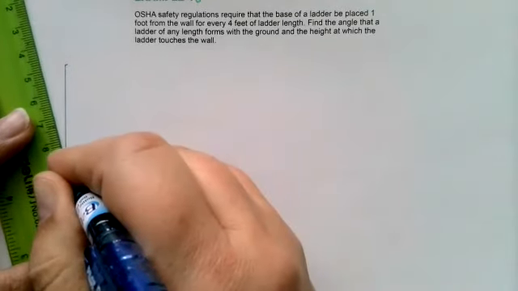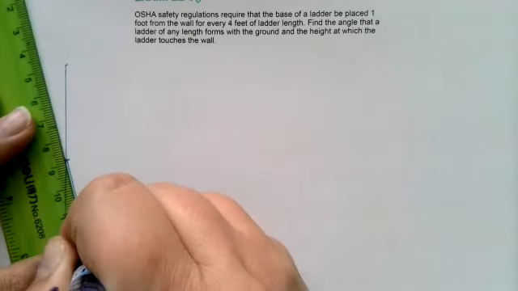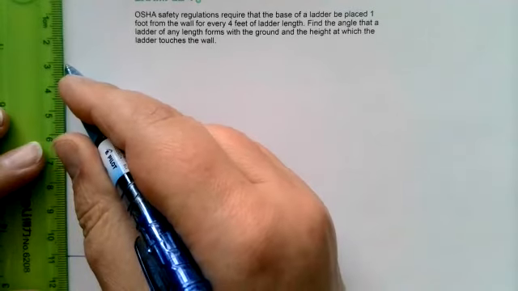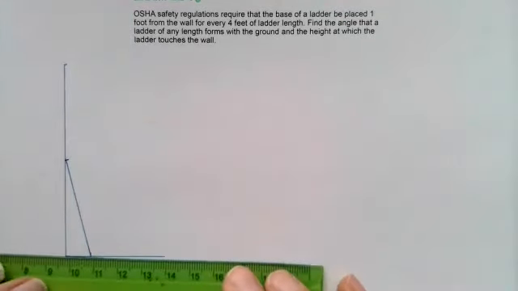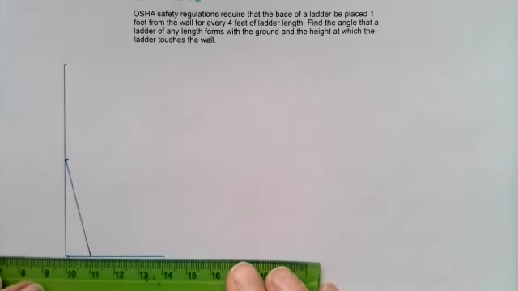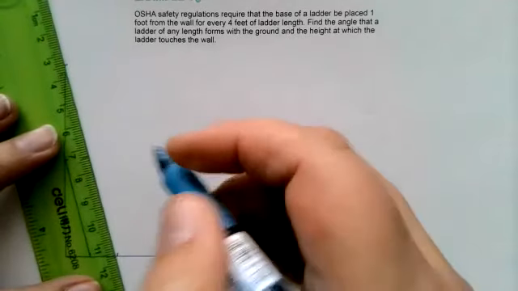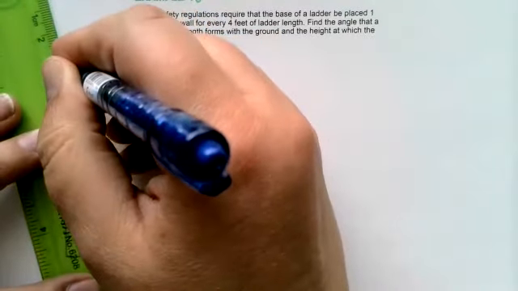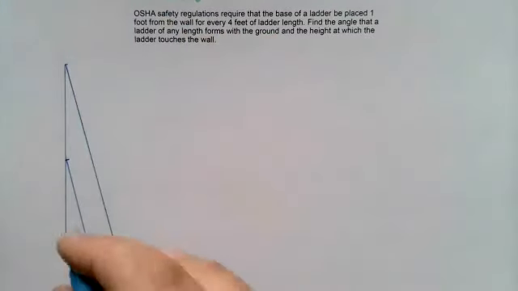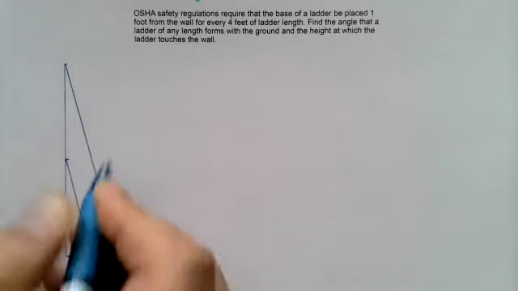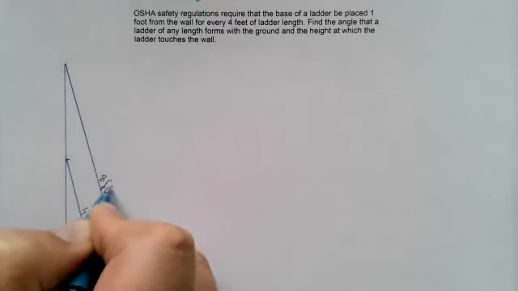If it's taller by another 4, if we add another 4 feet to the length of the ladder, then we need to move away 1 more foot, like this. Okay, so this is 1 foot, this is 2 feet. Now this ladder is 4 feet right here, and this is 8 feet.